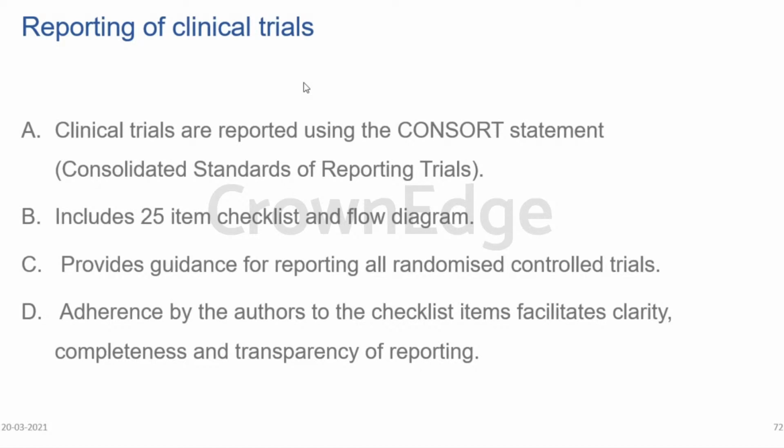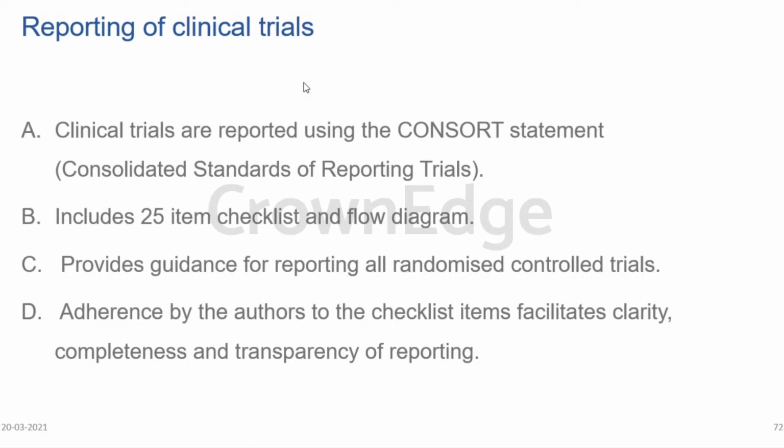So there is a checklist called the CONSORT statement, the Consolidated Standards of Reporting Trials. This checklist has 25 items and a flow diagram, and you have to check each and every item when you are reporting a randomized control trial. This is when you publish your results.